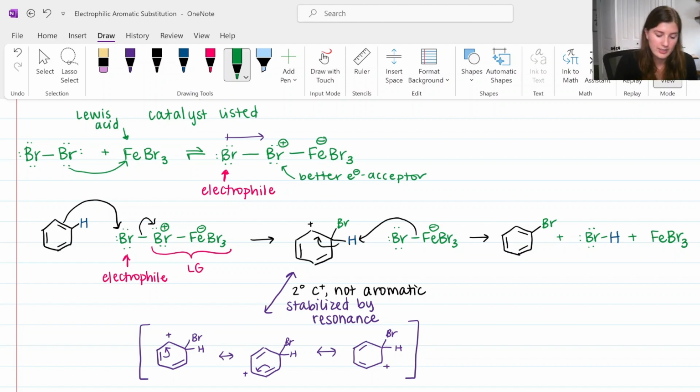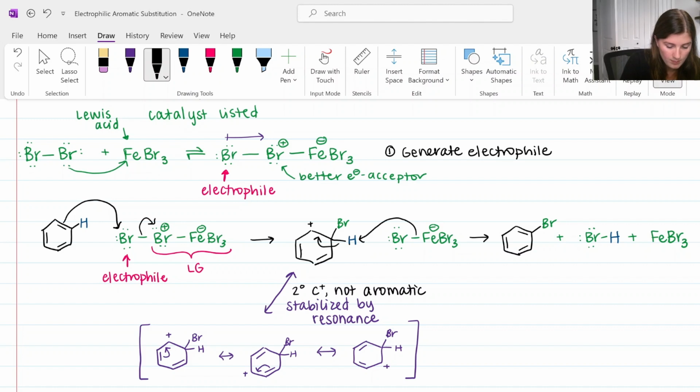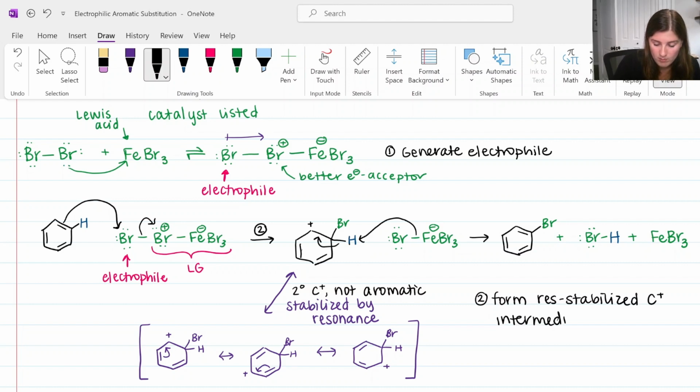So if we think about the overall reaction, we can say step 1 up here, we generate the electrophile. That is at the larger bromine iron molecule, the iron with 5 bromines. Then step 2 here, I'll write this step down here, form resonance stabilized carbocation intermediate, which is not aromatic.